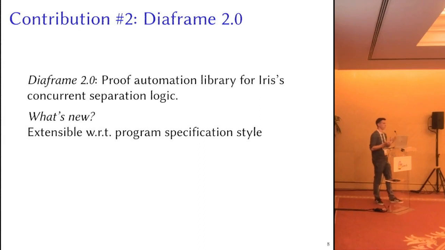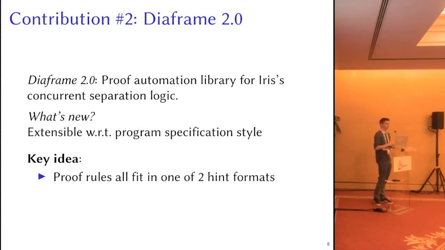And the main addition with respect to Diaframe 1.0 is that it's now extensible with respect to program specification style. Previously we could just do Hoare triples, and now you can build your own proof automation strategy for the specification style you prefer. In our case, this was logical atomicity and contextual refinement.